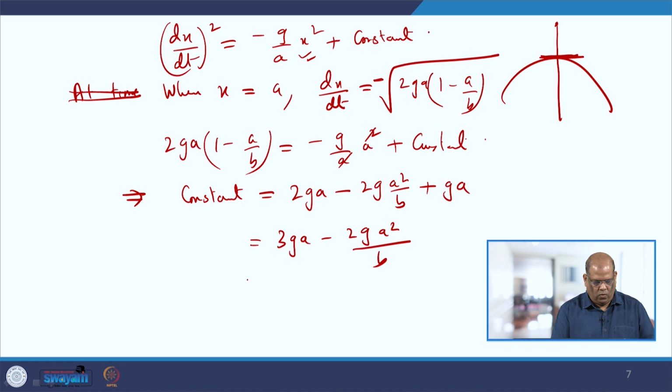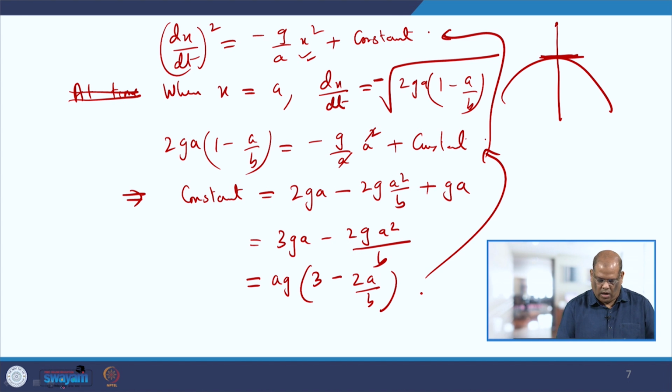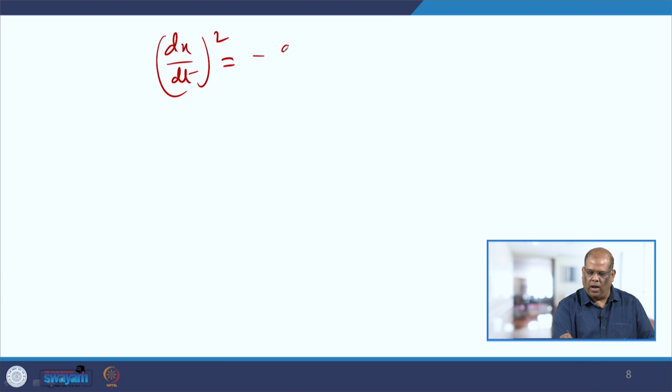If you simplify a little, I can take a g common: 3 minus 2a by b. Substituting the value of the constant, I get (dx/dt) whole squared equal to minus g by a x square plus (3 minus 2a by b) multiplied by a g.